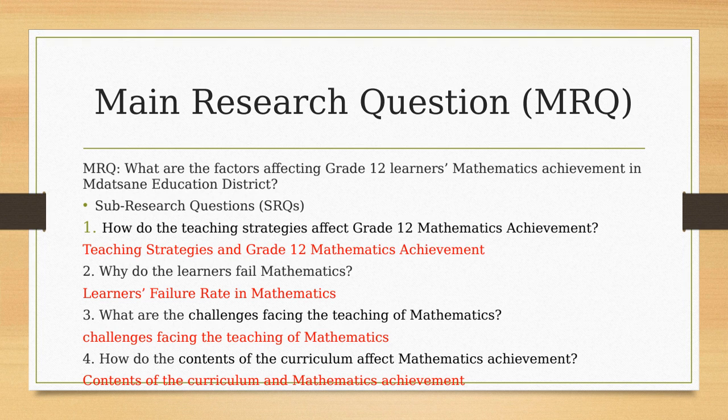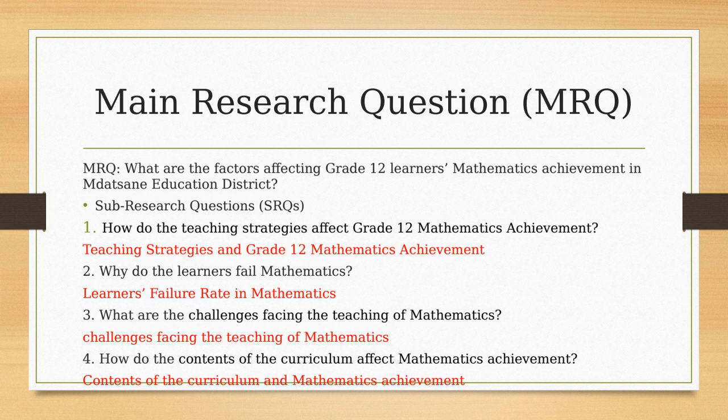I'm okay with the answers. In these sub-research questions, there are a lot of how and why, and only one what. So when you are doing a qualitative study, we want you to ask questions of why and how. And when you look at it now, there are a lot of questions on why and how.